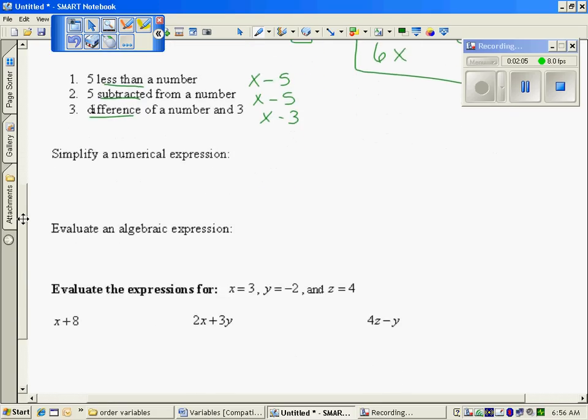When we simplify numerical expressions, we're taking a numerical expression and we're going to rewrite it in its simplest name. 5 plus 4 is 9. So we're making it smaller or simpler.